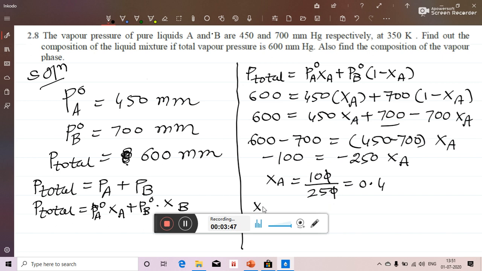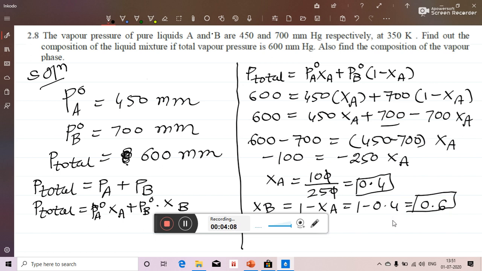Now what will be XB? XB equal to 1 minus XA, so that is equal to 1 minus 0.4, so that will be 0.6. So these are the answers of mole fractions, that is the composition of the liquid mixture. Now next we have to find out the composition of the vapor phase.